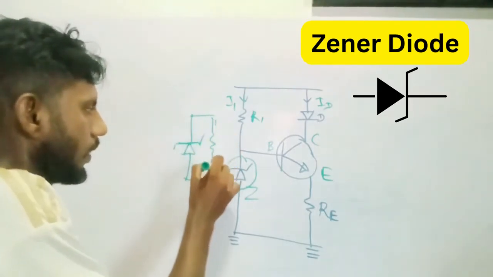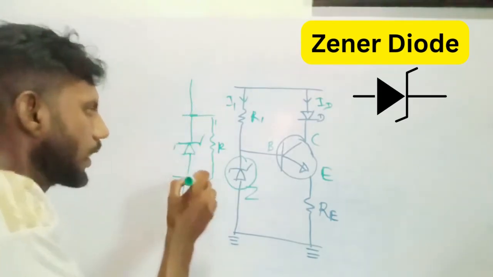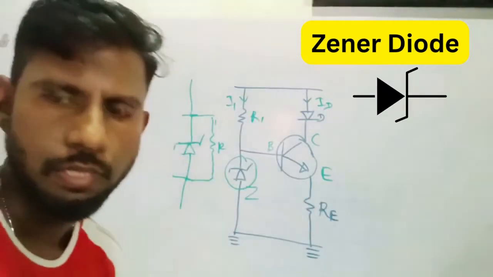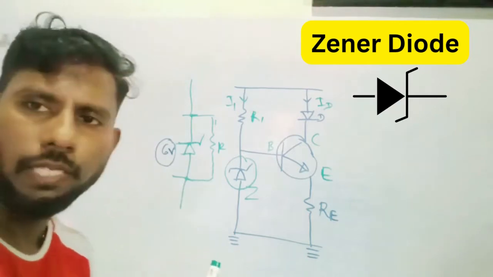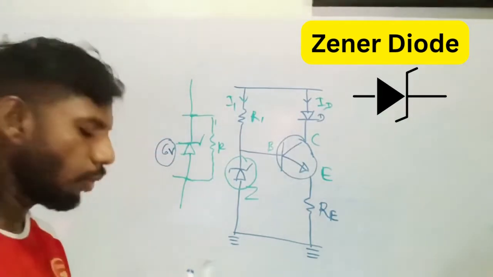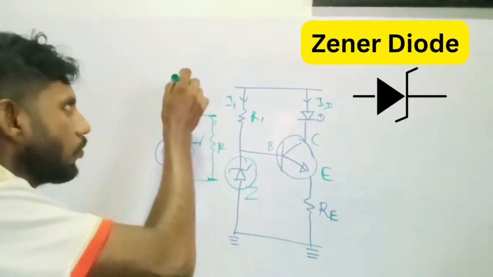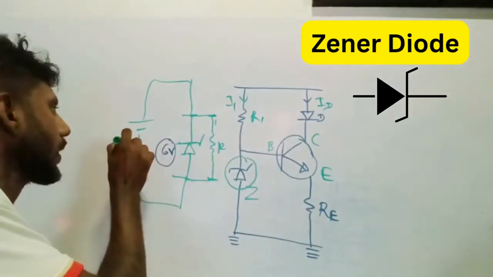So if it's connected with another resistor in a certain circuit, it will control the potential difference at a certain value that is given. Say now we are using a 6 volt reverse bias voltage Zener diode. This Zener diode can hold the same potential across this R resistor. Whatever the potential that comes over here must be greater than 6. Let's say 10 volt comes over here.